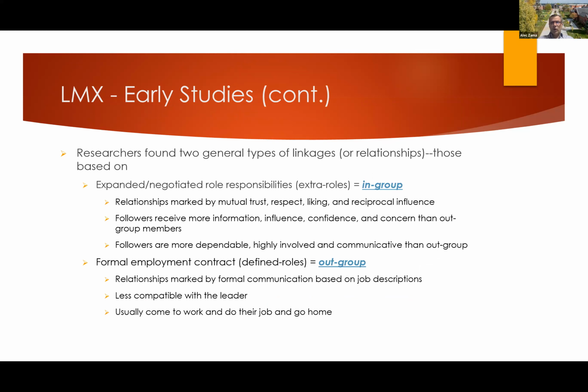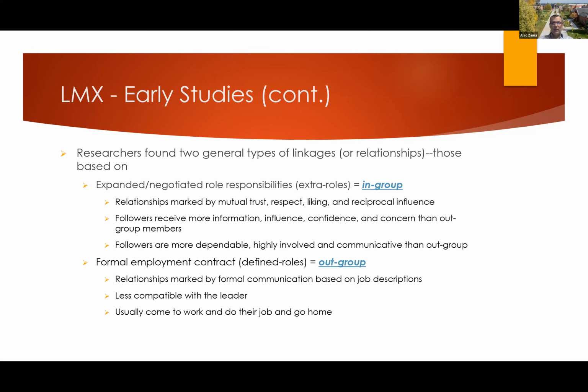As researchers were examining these dyads, they found that in organizational or social settings, there were two general types of linkages or relationships arising. There were relationships based on expanded or negotiated role responsibilities, and those relationships were called the in-group. And then there were relationships based on the formal employment contract. They called those the out-group.